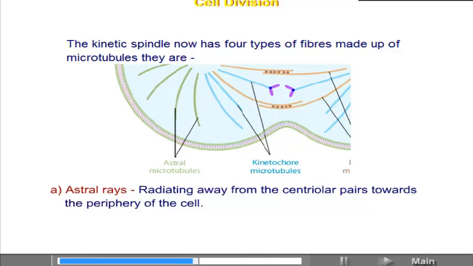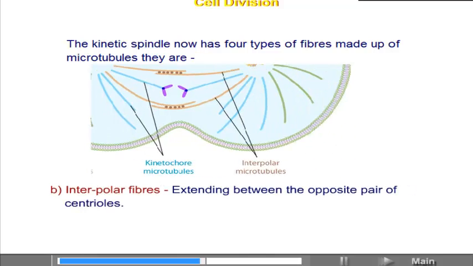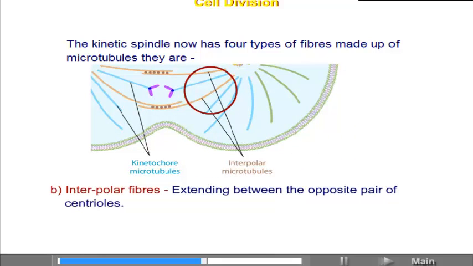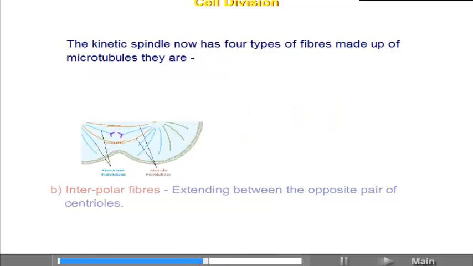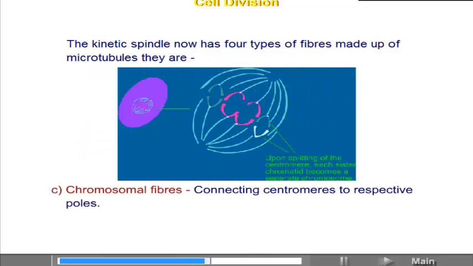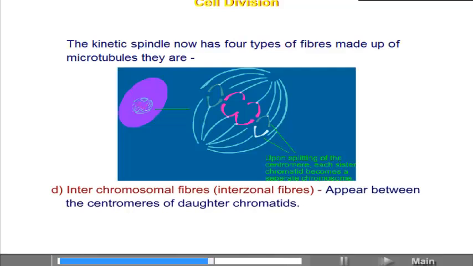They are astral rays radiating away from the centriolar pairs towards the periphery of the cell; interpolar fibers extending between the opposite pairs of centrioles; chromosomal fibers connecting centromeres to respective poles; and interchromosomal fibers or interzonal fibers appearing between the centromeres of daughter chromatids.